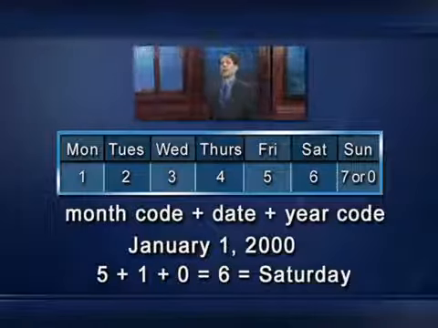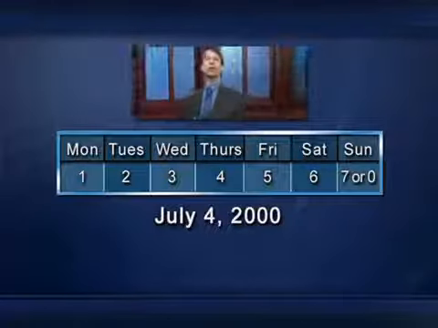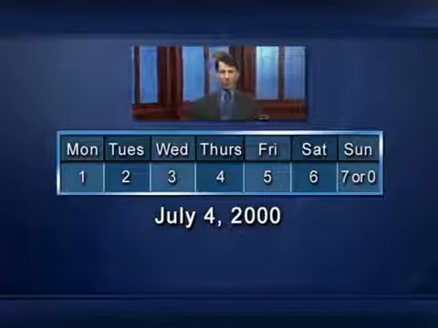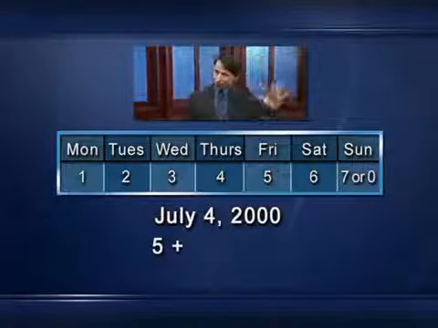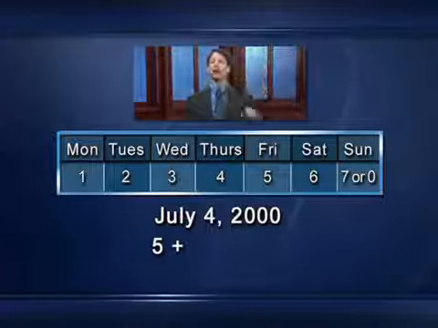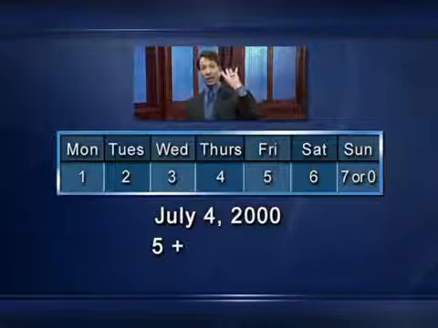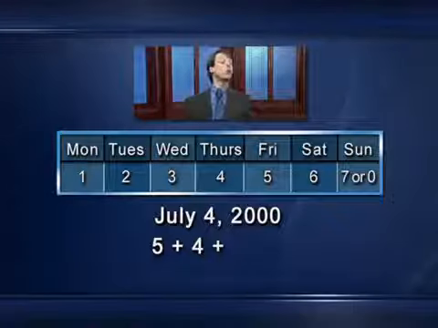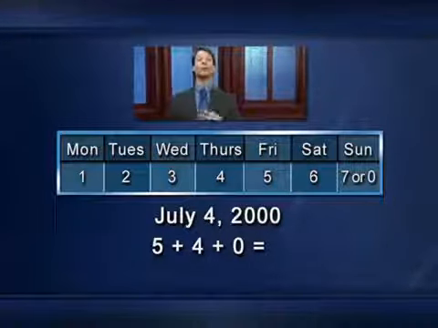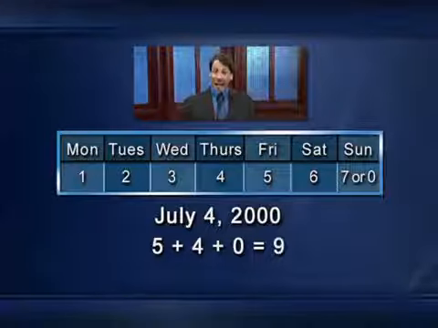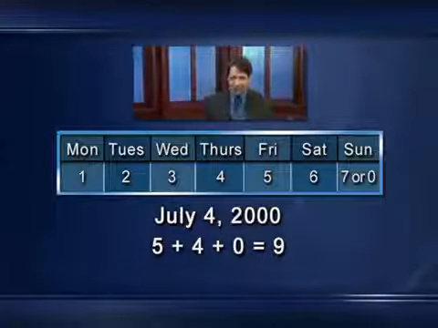Here, let's do another example. How about July 4th, 2000? Okay, July has a month code of what? For the fiver works is 5, good. For July 4th, we simply add 4. And for 2000, we always add 0. 5 plus 4 plus 0 is 9. Now, what is day number 9?